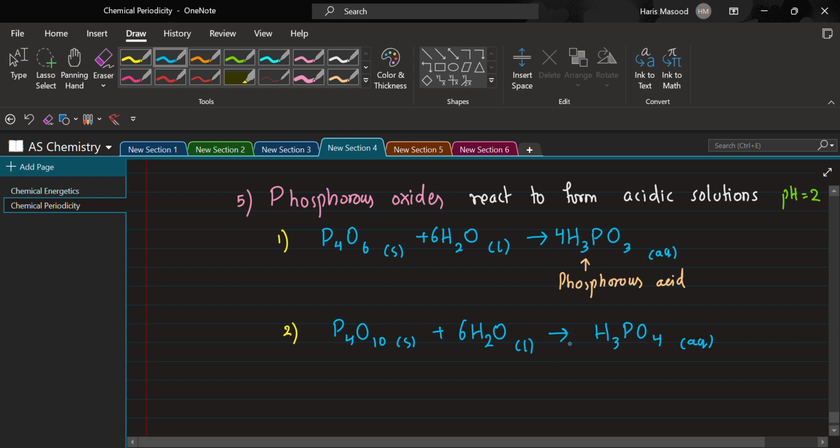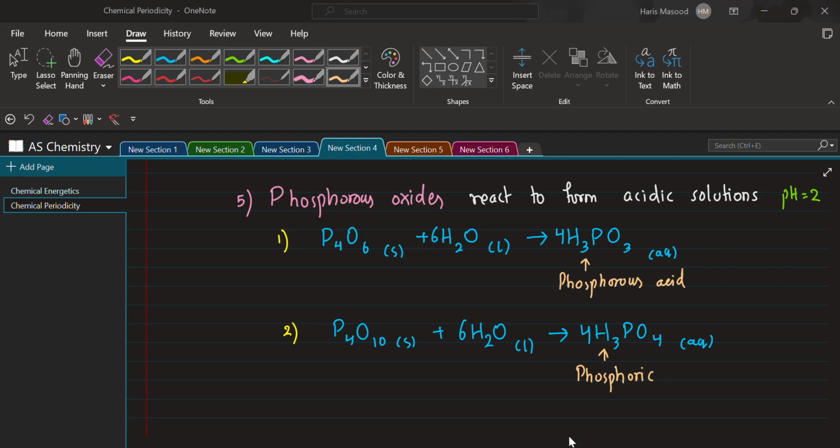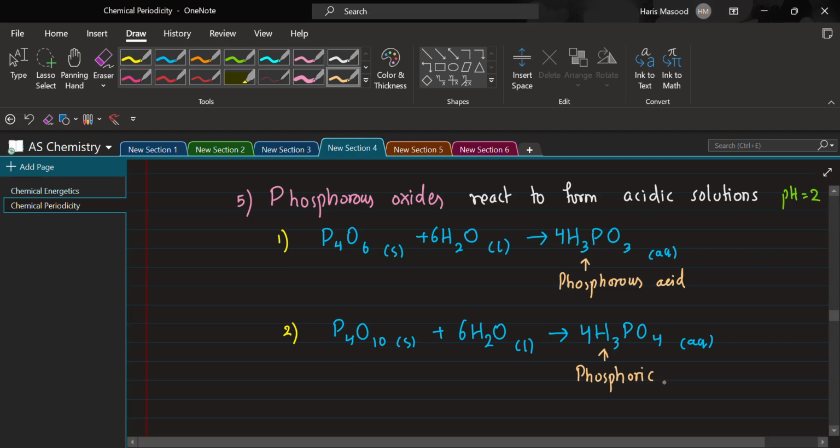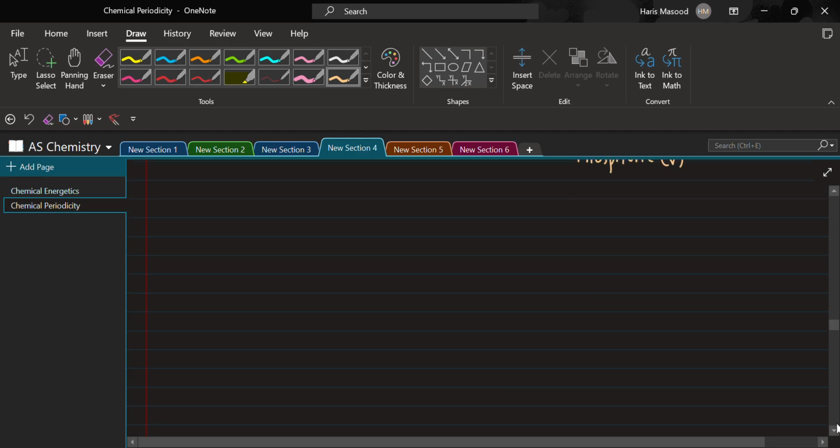I think again this will be 6 and 4. And this is now phosphoric(V) acid. Okay, is it clear?